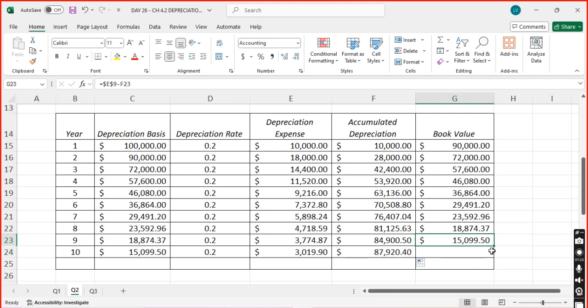$87,920.40, which will give you your book value to be $12,079.60. Okay? Now, have I reached my salvage value yet? Can I continue to go on for an 11th year?